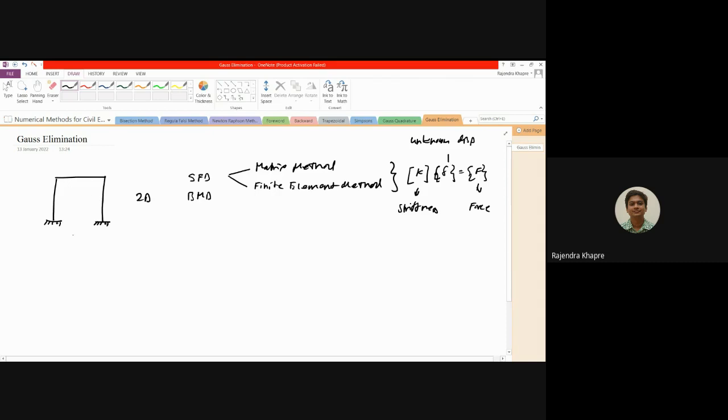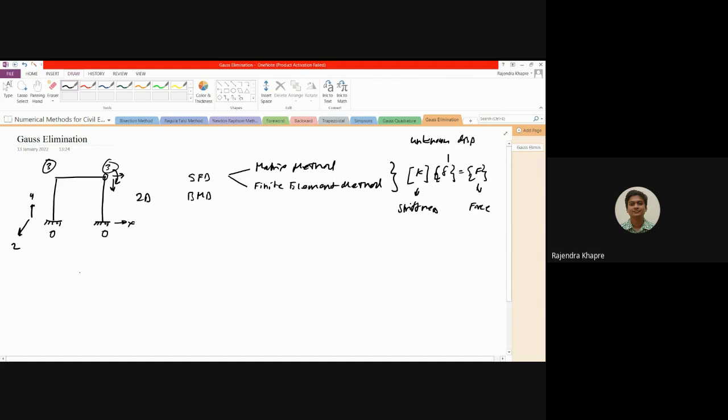For this particular problem, you have 3 degrees of freedom at this joint and 3 at the other. Since these are fixed supports, displacement is not possible there. At each joint you have displacement possible in the x direction and in the y direction, as well as rotation in the z direction, assuming this is your x, this is your y, and this side is your z.